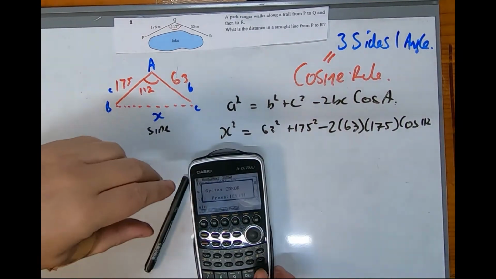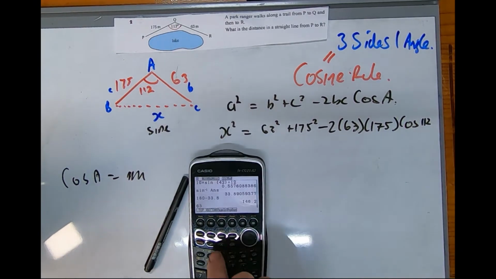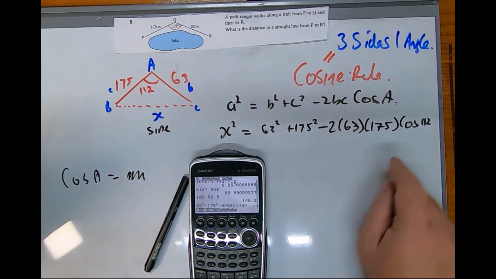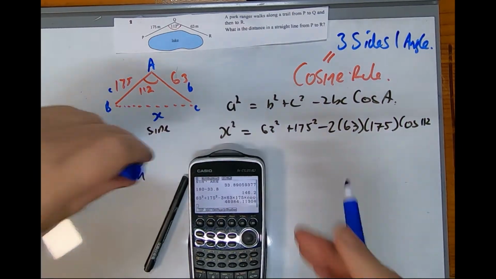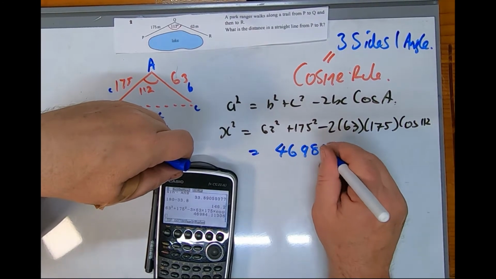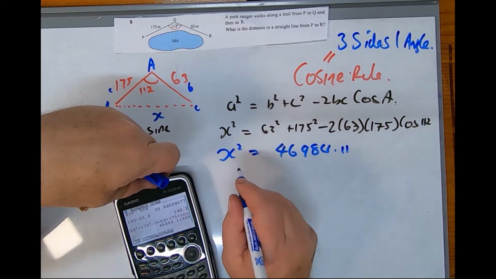X squared: this number should be big because it hasn't been square rooted yet. 63 squared plus 175 squared, subtract 2 times 63 times 175 times cos 112. Equals, and that's a pretty big number, but that's all right. 46494.1.